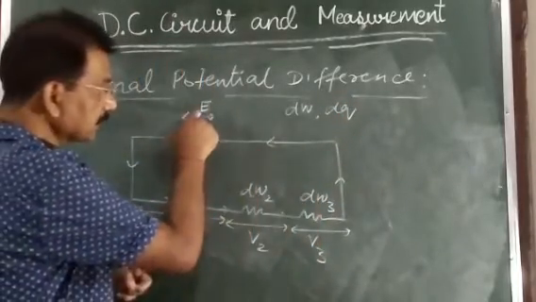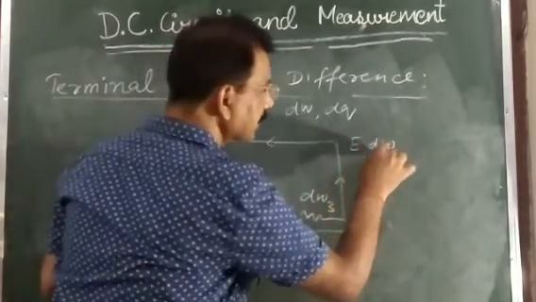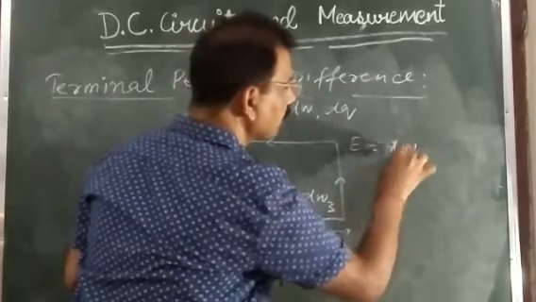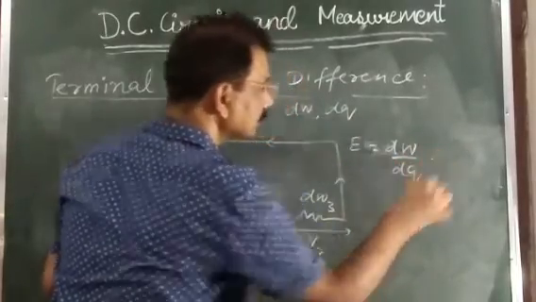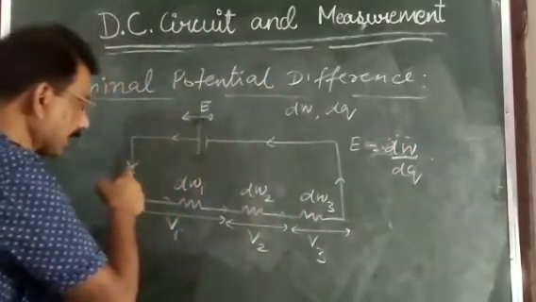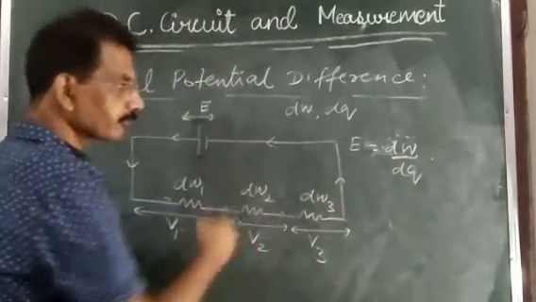Then by definition, the EMF of the cell is given by E is equal to dW upon dq. This is the total work done by the cell to maintain the flow of charge dq throughout the circuit.